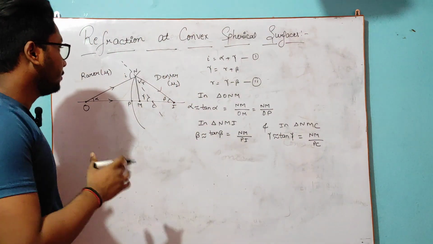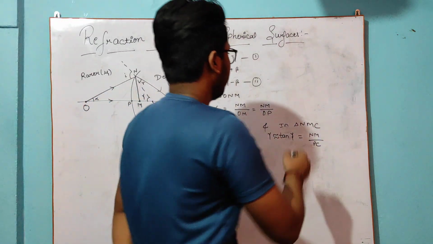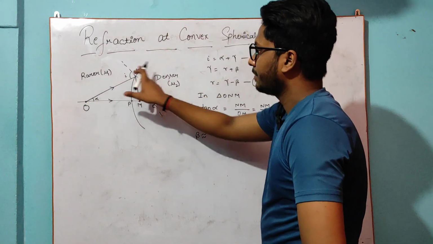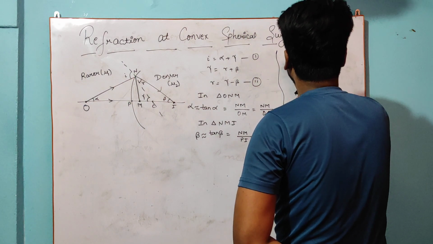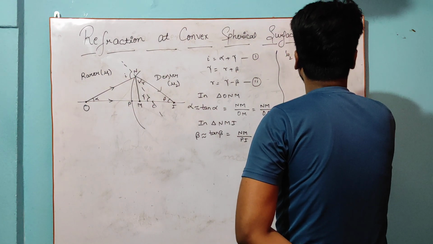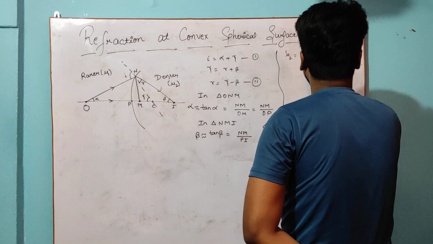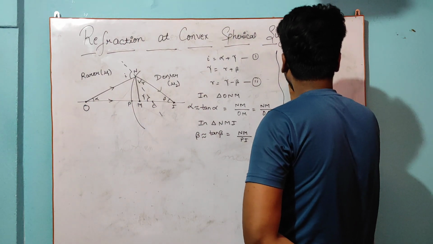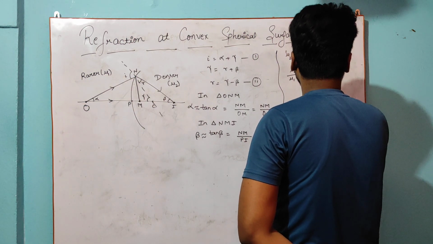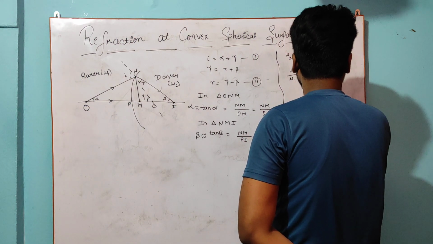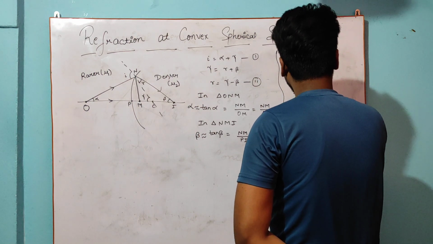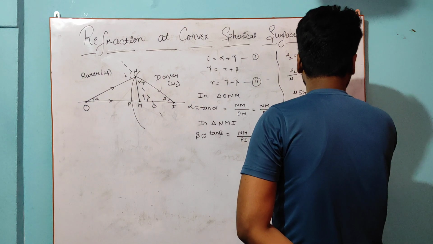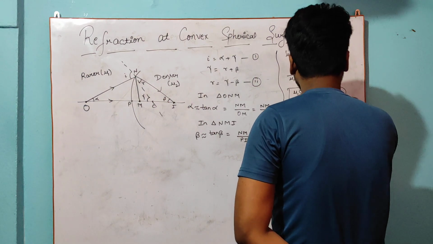Now we use Snell's law here. This is the first medium, this is the second medium. So 1mu2 is sine I upon sine R, that is mu2 by mu1 equals sine I upon sine R. Then mu1 sine I is equal to mu2 sine R. This is one relation.